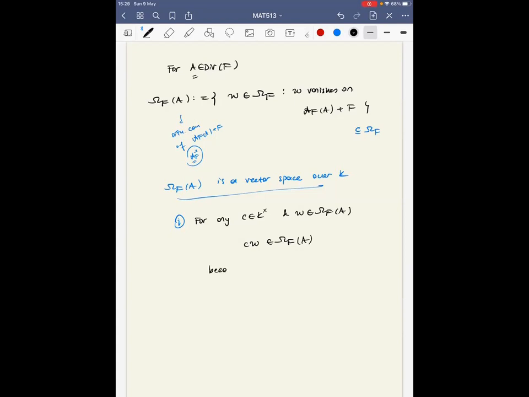Because for any alpha plus x, we define this scalar multiplication as the Weil differential of the multiplication of alpha plus x by C.